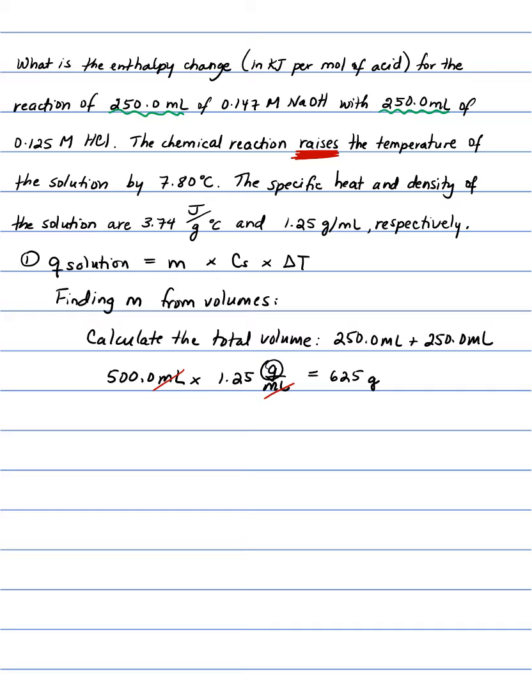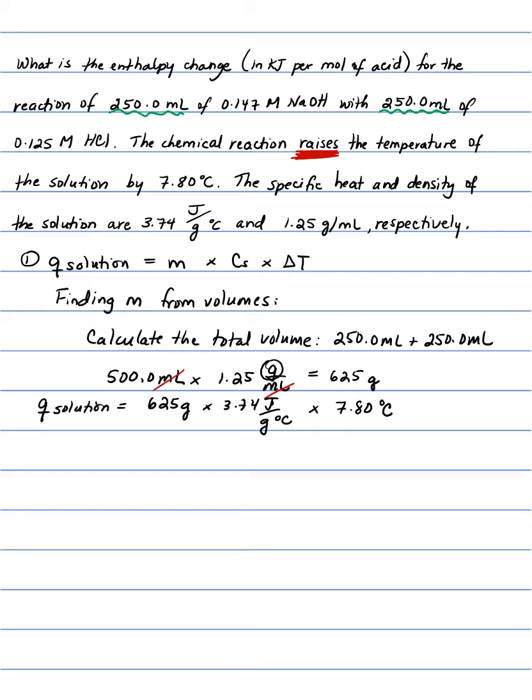So I'm going to plug in my numbers here. 625 is the mass. Then you have 3.74 joules over grams times Celsius for the Cs. And then the delta T is a positive number.